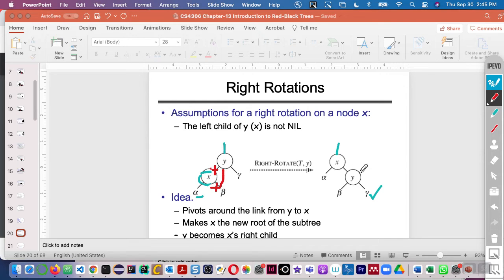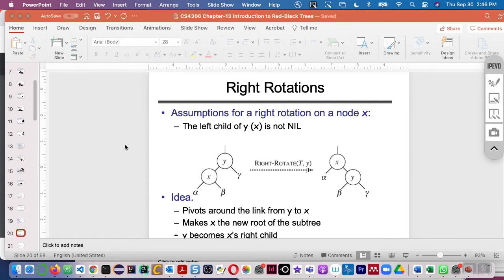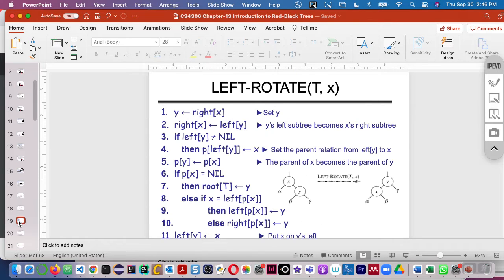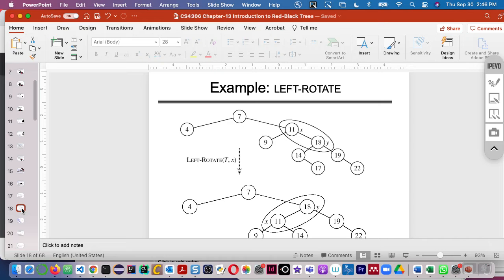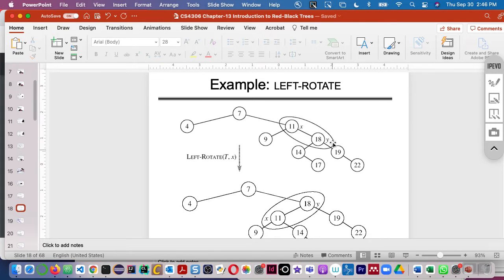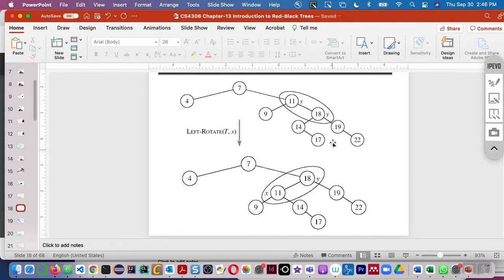So now it is a BST, right? Let us see some examples here. Pay attention here. Why do we need left and right rotation? We know that AVL trees have four kinds of rotations, but those are only node-to-node rotations.